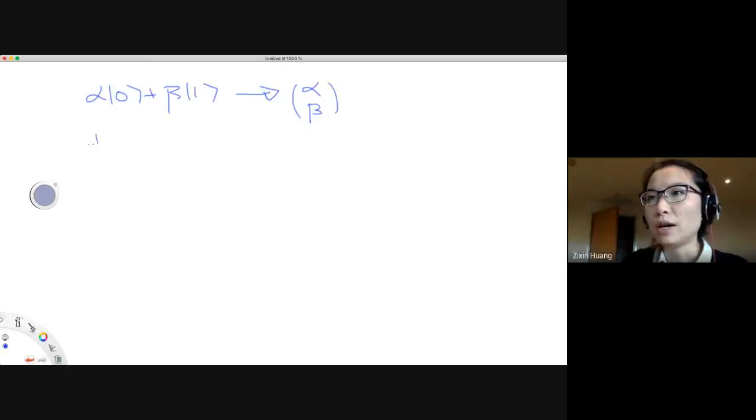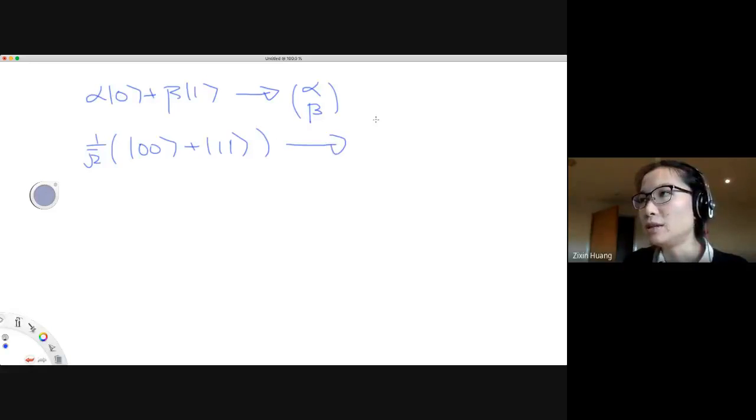So if I have this thing plus 1, 1, now I can write this in vector form like that. So you have a half, you have a 1, 0, 0, 1.